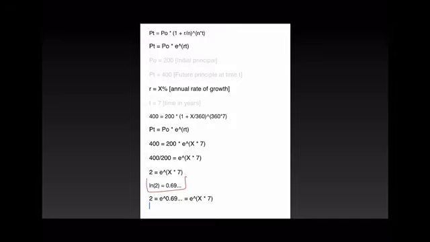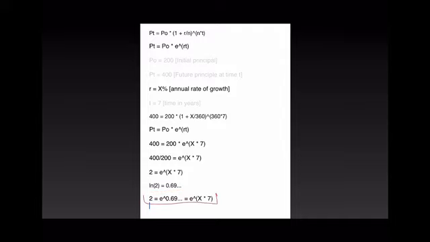We could say that e to the first power is going to be 2.71, etc., because any number to the first power is itself. So I'm interested in this number 2, which is between 1 and the value of e, so I would expect that the natural log of 2 would be between 0 and 1, and a little closer to 1, and that's what I get, 0.69.